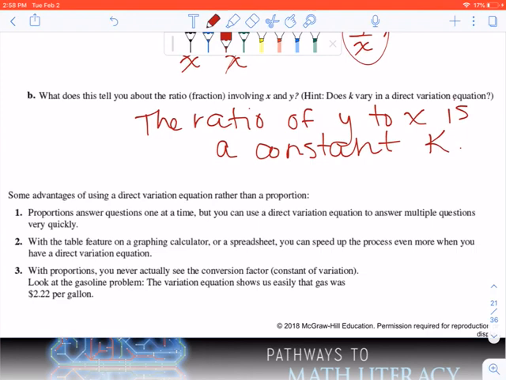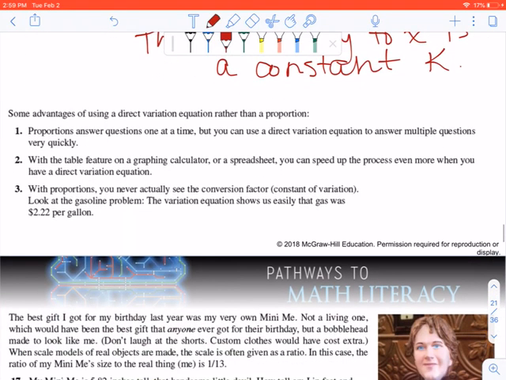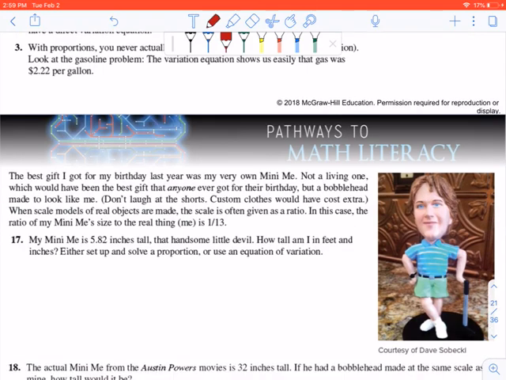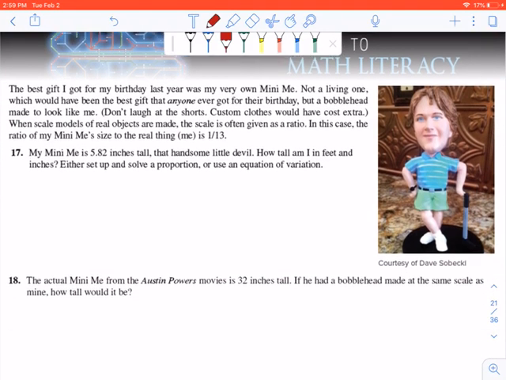You can't put that in a graphing calculator. With proportions, you never get to see the conversion factor or constant of variation. Like for the gasoline problem, it tells me the rate was $2.22 per gallon. So with direct variation, it does tell us that unit rate a lot quicker than a proportion.